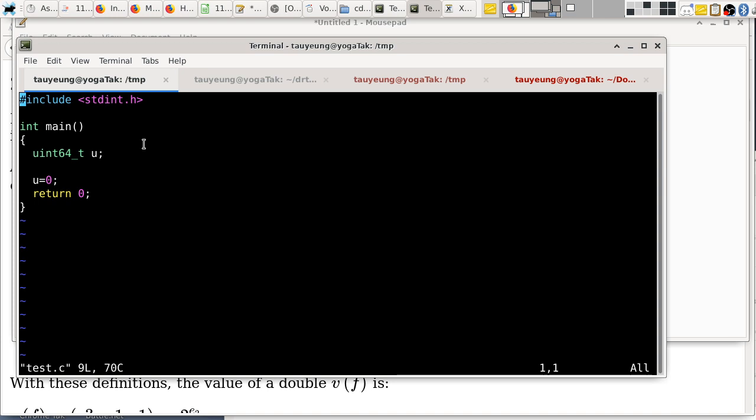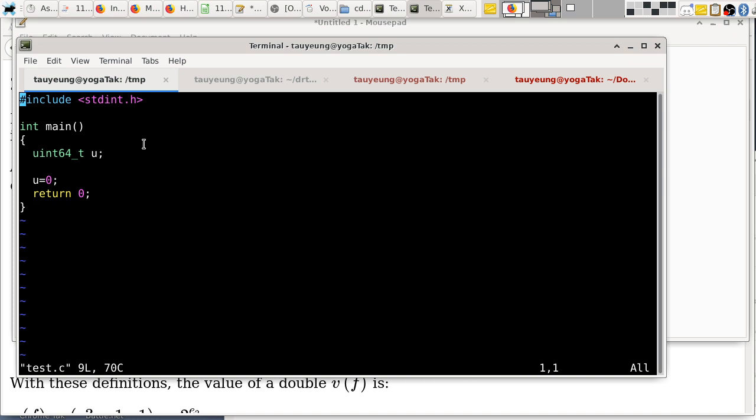It includes stdio.h, and stdint.h. STDINT stands for standard integer, which is really just a header file with a whole bunch of macro definitions and typedefs. Okay, all it does is so that we can do something like this. We want u as a variable to be a 64-bit unsigned integer.